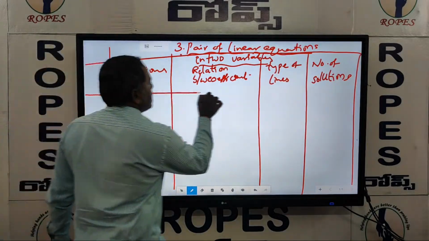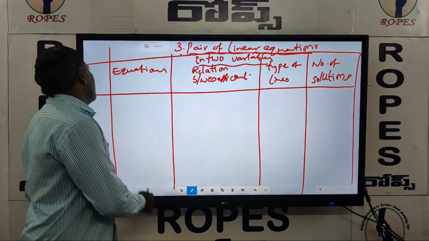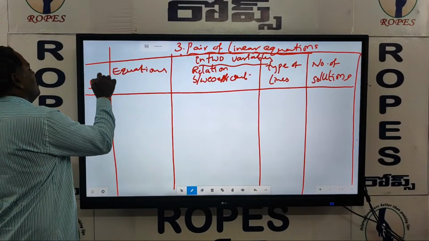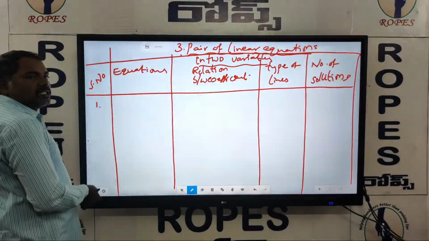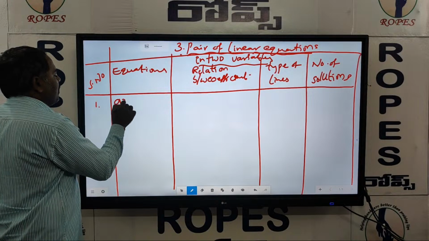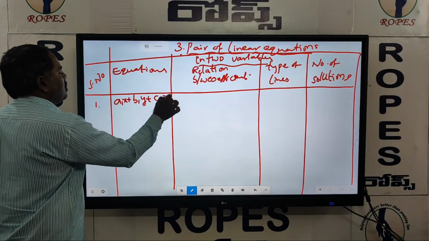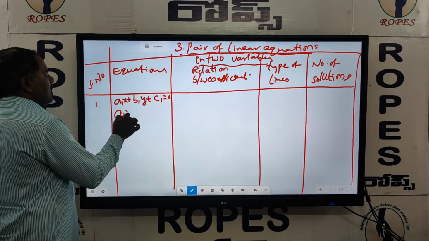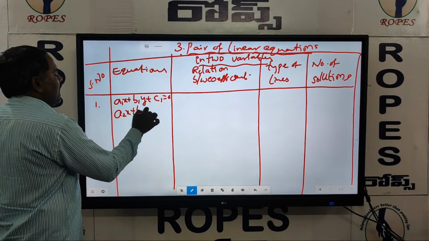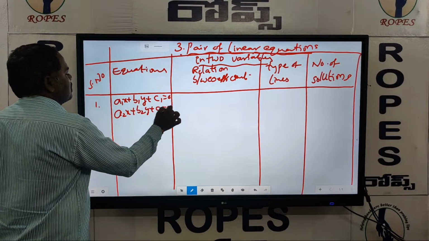If we observe the first one, the pair of linear equations are a1x plus b1y plus c1 is equal to 0 and a2x plus b2y plus c2 is equal to 0.